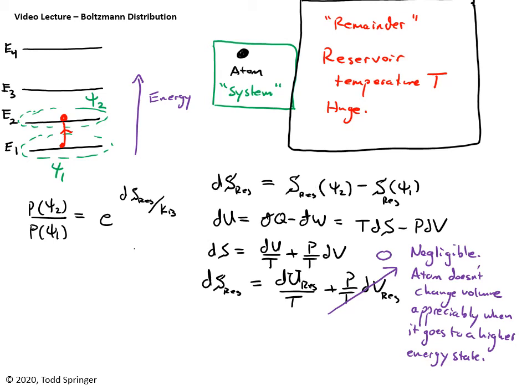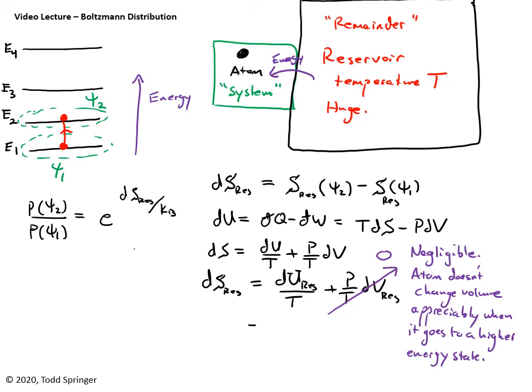Now let's think about this piece here. How much did the energy of the reservoir change? Well, energy is conserved, right? If the atom is transitioning from this state to this state, that energy has to come from somewhere, and it's coming from the reservoir. The atom's absorbing some energy, the reservoir loses some energy, and the amount the reservoir loses is equal to the amount the atom gains.